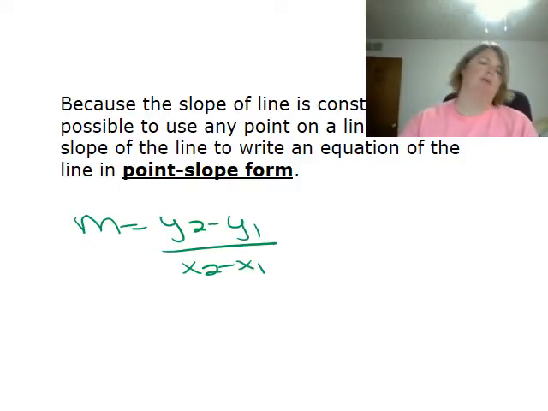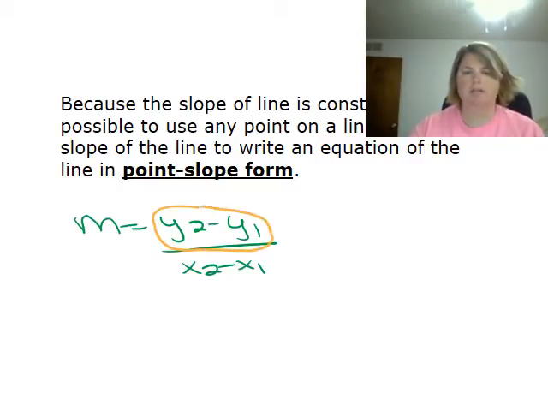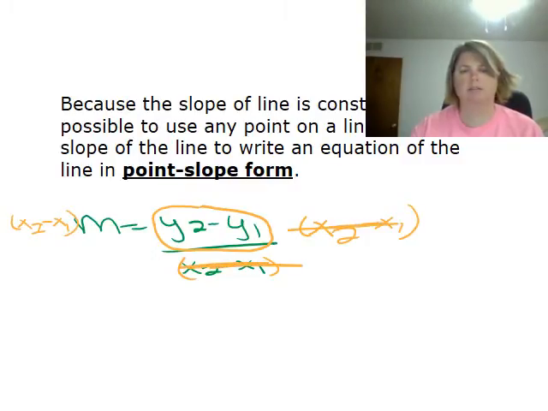Now, and again, you don't need to write this down, if I want to get this by itself, what I would do is multiply both sides by x sub 2 minus x sub 1. And these would cancel out, and I'd be left with y sub 2 minus y sub 1 equals, I'm going to put m first, and then x sub 2 minus x sub 1.